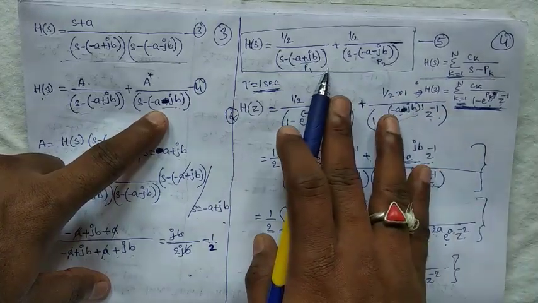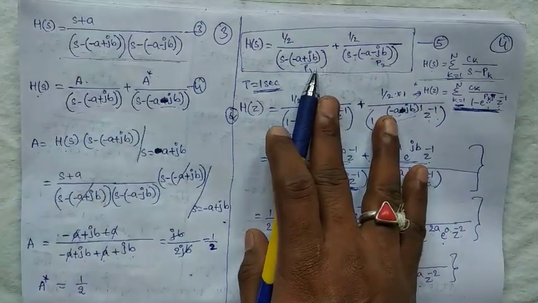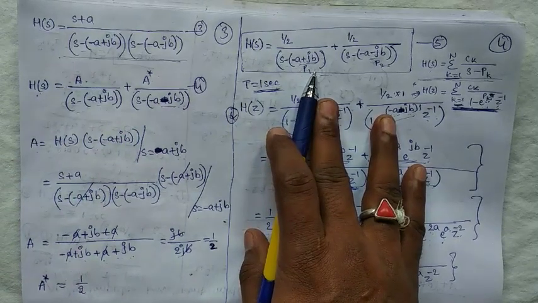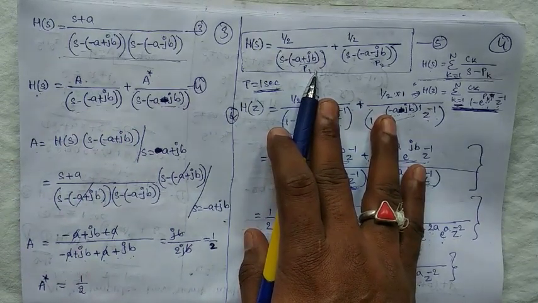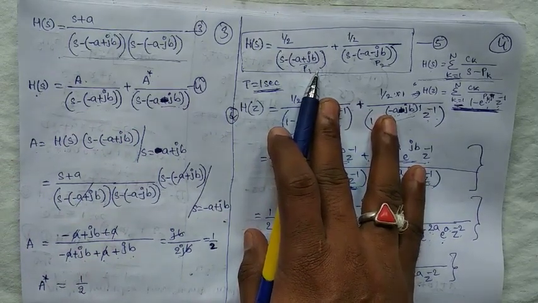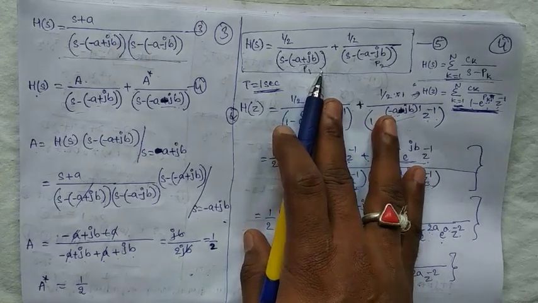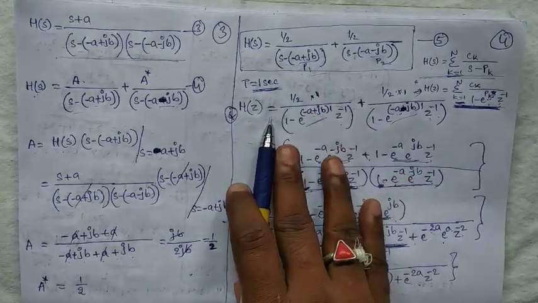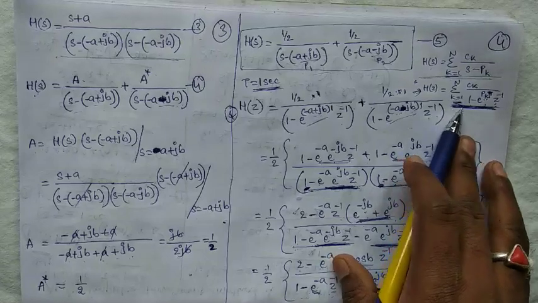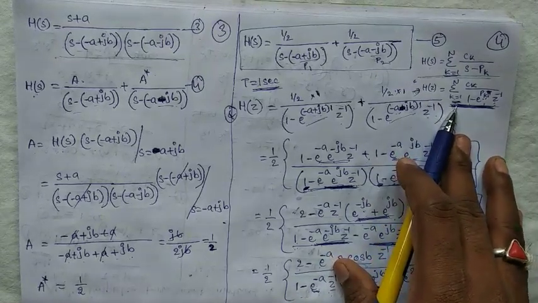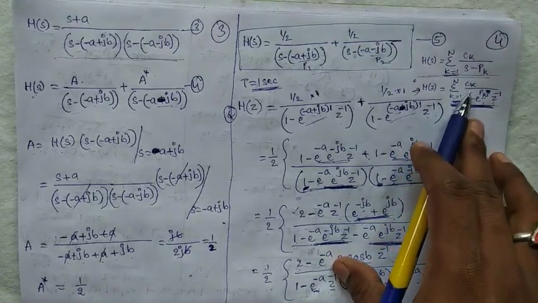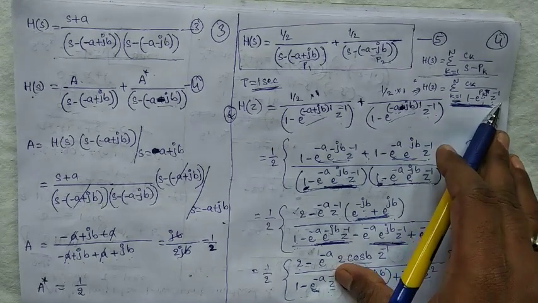Similarly, in the next step, this is the third step. In the fourth step, we are determining the digital filter transfer function by using this formula: H of z is equal to the summation k equal to 1 to n of ck by 1 minus e power pk T into z power minus 1.